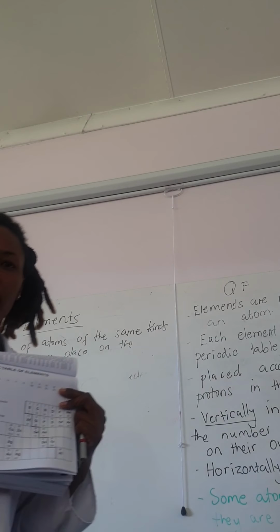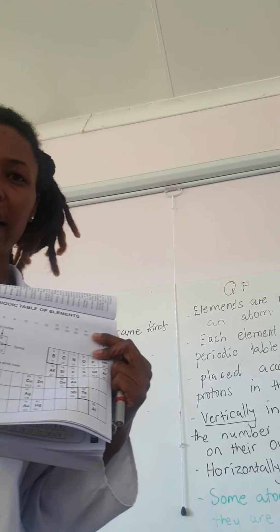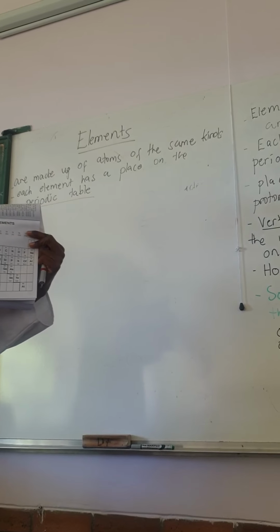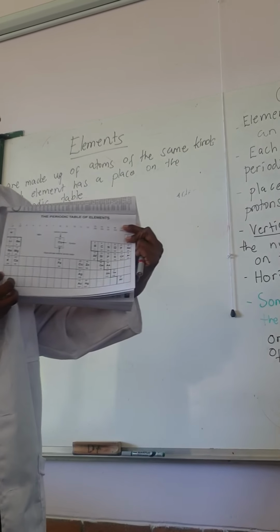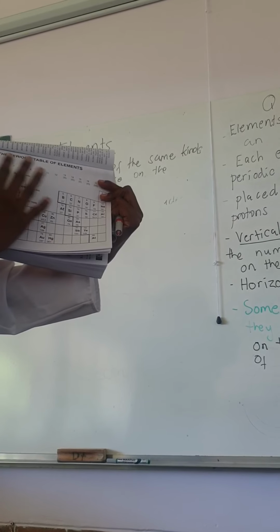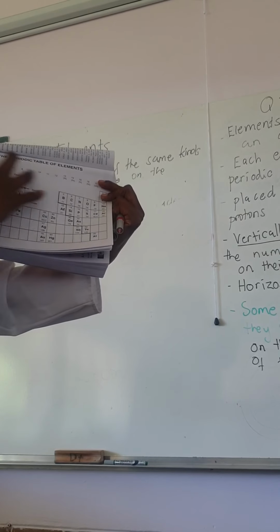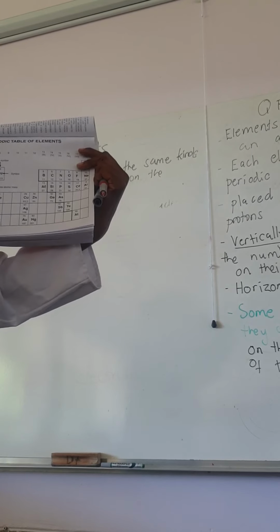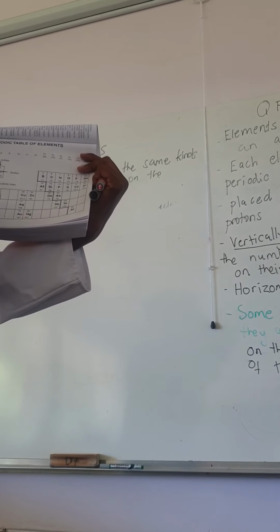So this is our periodic table. Now the periodic table is made up of these elements. So this is actually the table. Now each element has got a place.